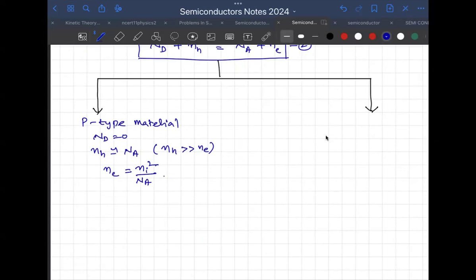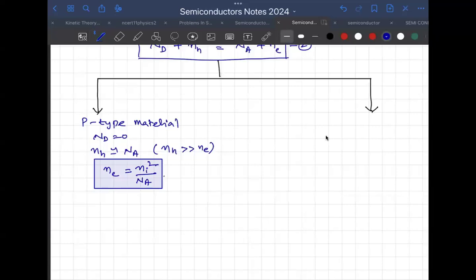I'm not cheating you. You said NH times Ne is Ni square. So the number of electrons can be calculated in a p-type material according to this. P-type material basically has acceptors, so electrons are the minority.